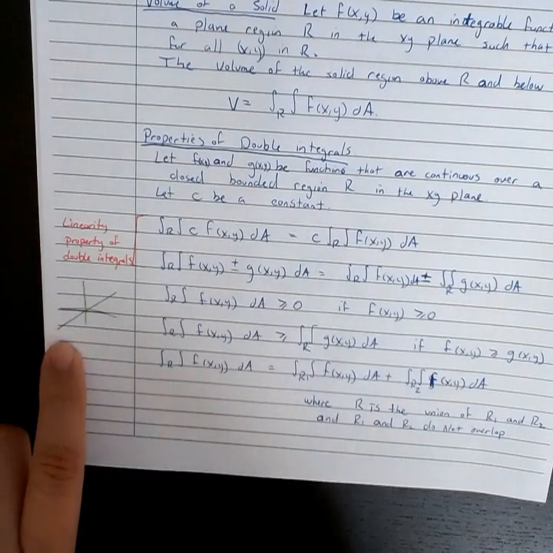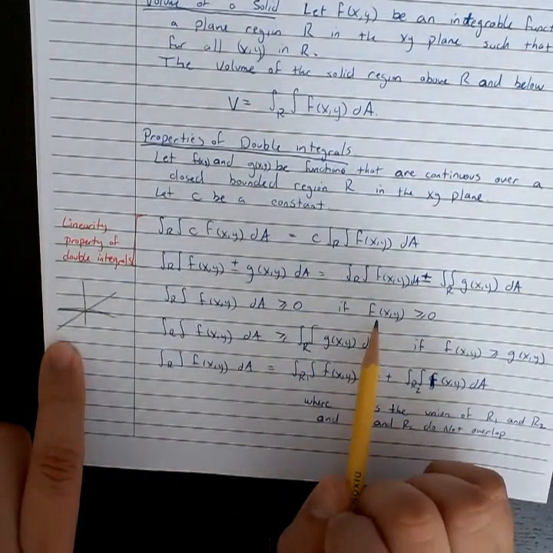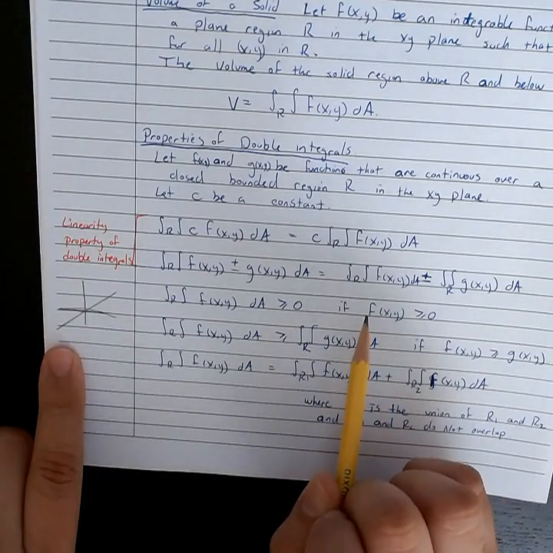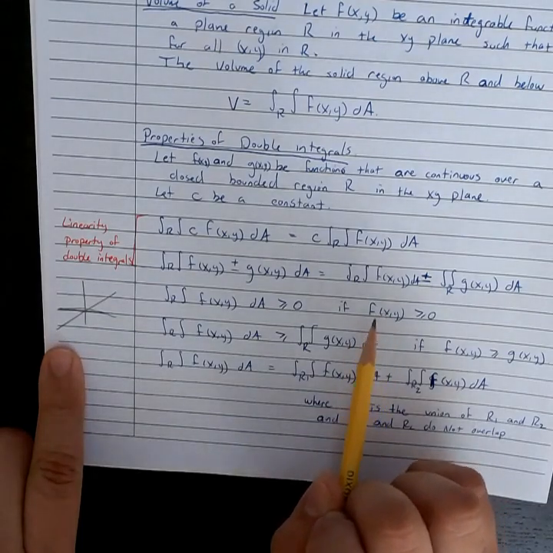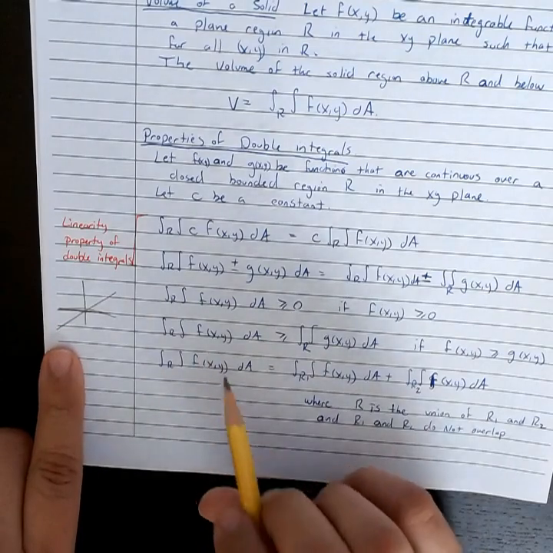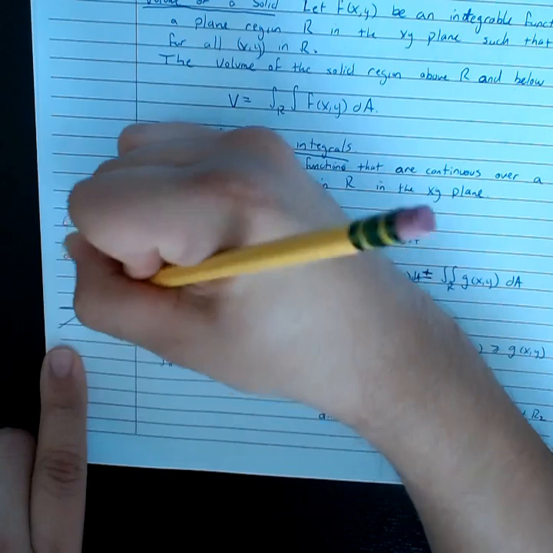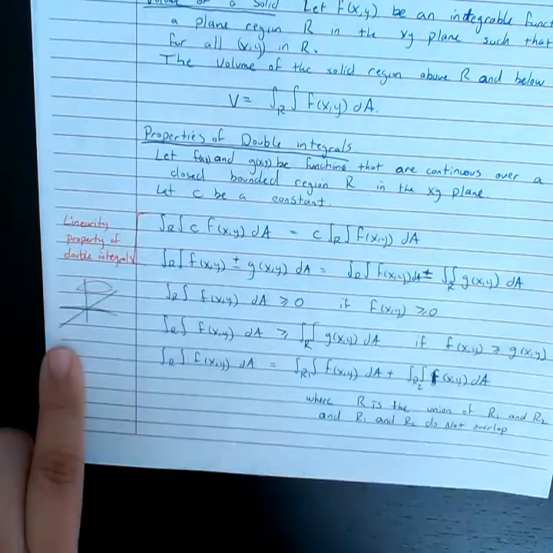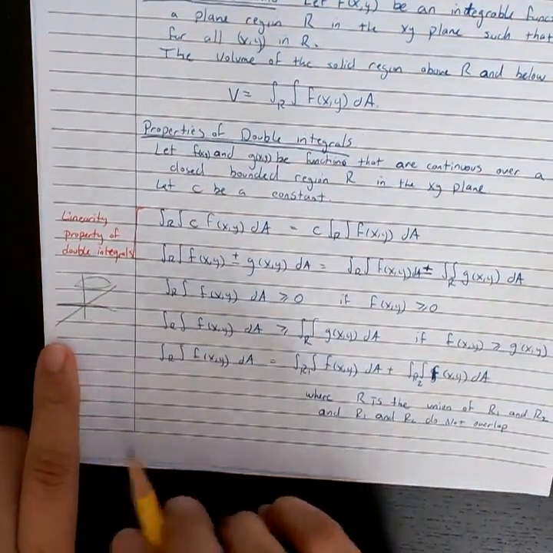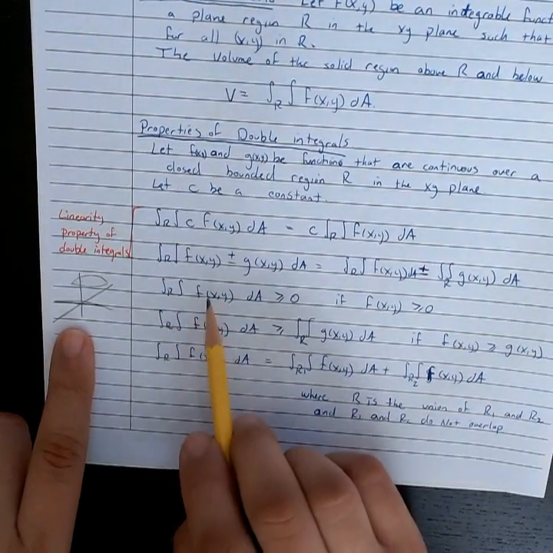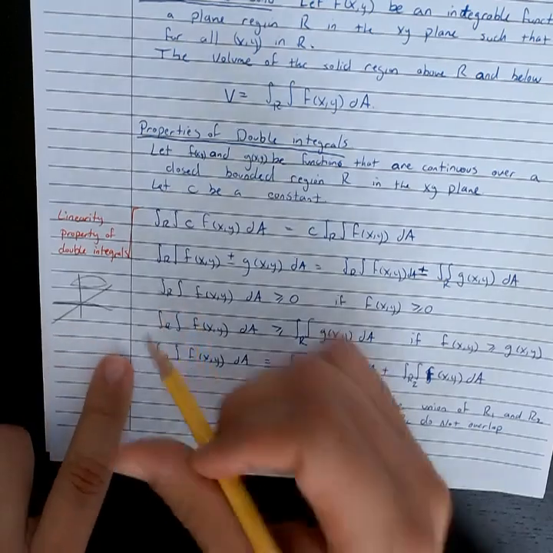With this intuition, we can say, well, f of x, y is greater than 0. Okay, well, that means that all of the z values, remember, this means z is equal to a function of x and y, that means that we have some surface over the xy plane. Just like that. Then I'm finding the double integral of that function over a region.